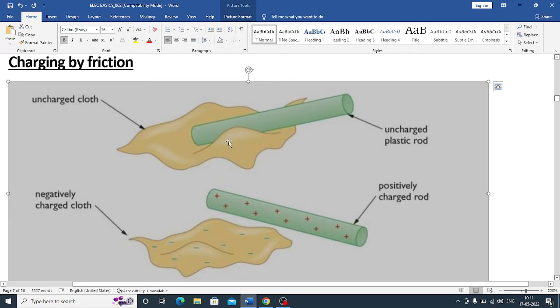What will happen is, the rod has a tendency to lose electrons. The cloth has a tendency to attract electrons. So from the rod, some electrons will flow into the cloth. So the cloth becomes negatively charged and the plastic rod becomes positively charged. So this is by friction.